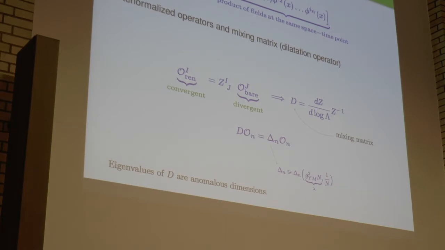Right? So these fields have a well-defined conformal dimension. Now, when you consider perturbation theory, the mixing matrix does appear because you need to mix the fields in order to achieve renormalized, that means finite, correlation functions. You need to mix the fields and you need to keep orthogonality.